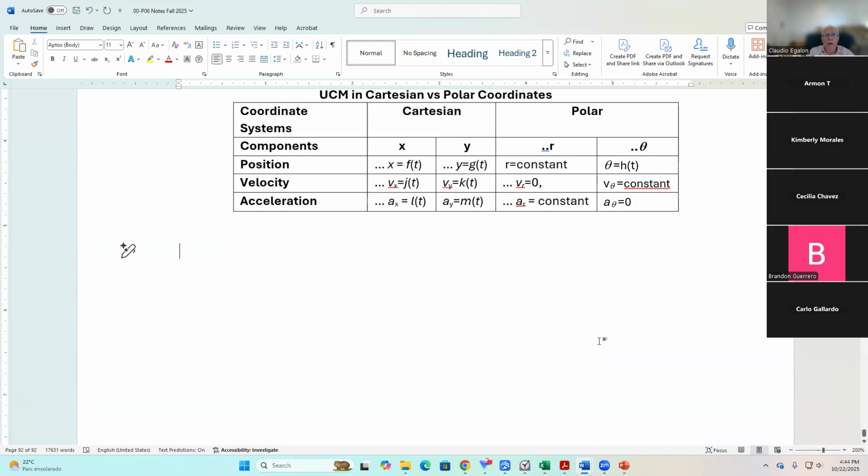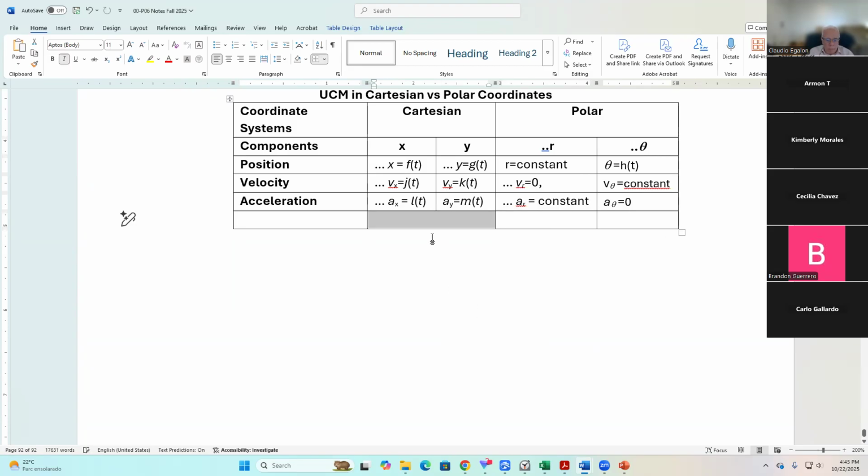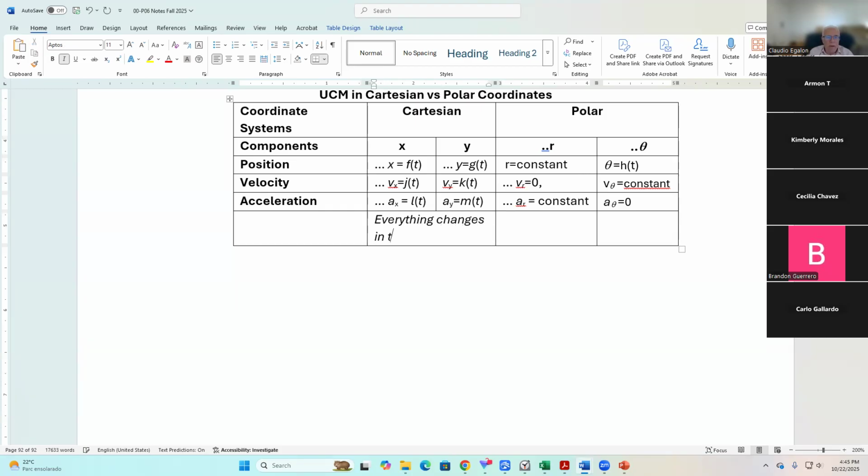Everything is variable, everything changes in time. Everything is constant.